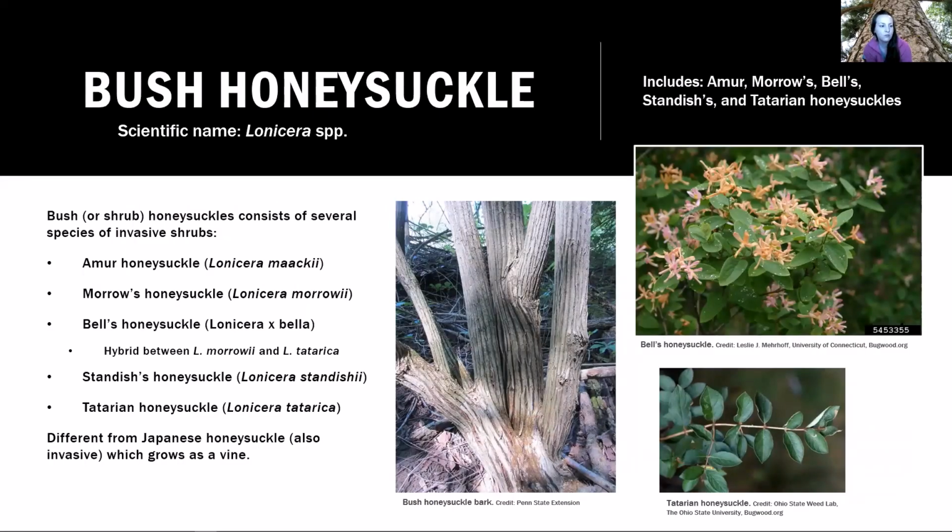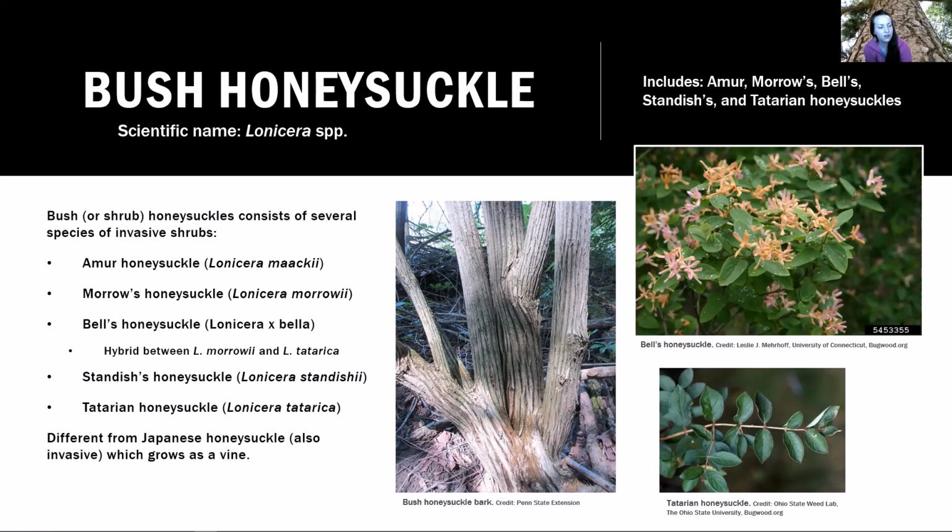The next species I'm going to talk about is bush honeysuckle. The scientific name is Lonicera. This is actually a variety of different species, not just one. When we talk about bush honeysuckle, also called shrub honeysuckle based on the form that these plants take, we're talking about 5 different species, at least in Pennsylvania: Amur honeysuckle, Morrow's honeysuckle, Bell's honeysuckle, Standish's honeysuckle, and Tatarian honeysuckle.